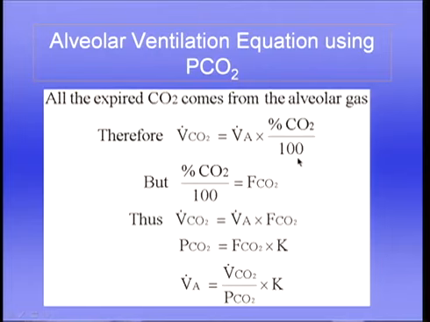So what you can do then is, instead of using a percentage concentration of CO2, we can use what's called the fractional concentration. Now, all the percentage concentrations add up to 100, the fractional concentrations add up to 1. And so if we've got, say, 5% CO2, the fractional concentration is 5 over 100 or 0.05.